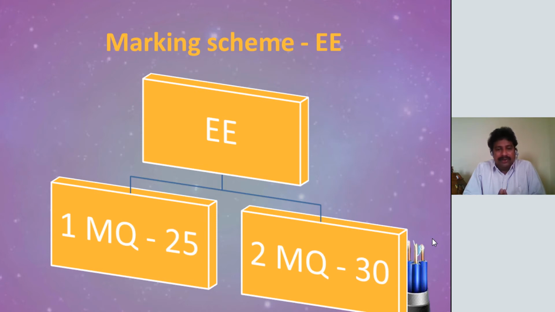Out of these 85 marks, there would be 25 questions that carry 1 mark each and 30 questions that carry 2 marks each. The aspirant should answer all these 65 questions in a span of 180 minutes.